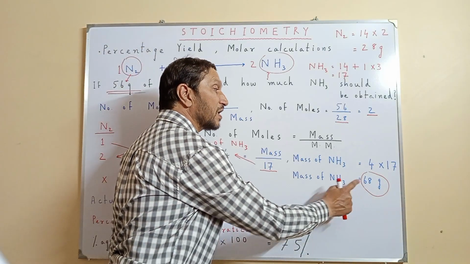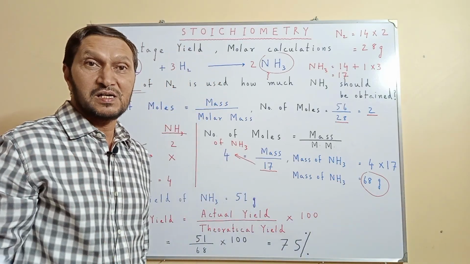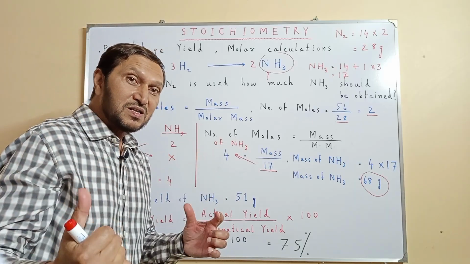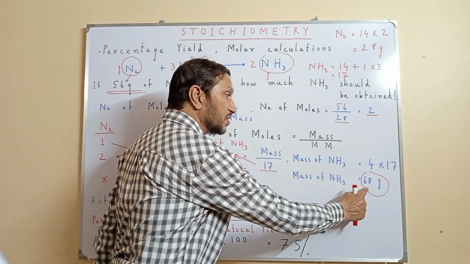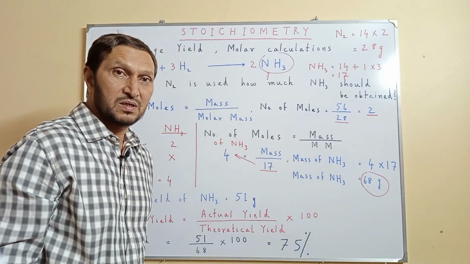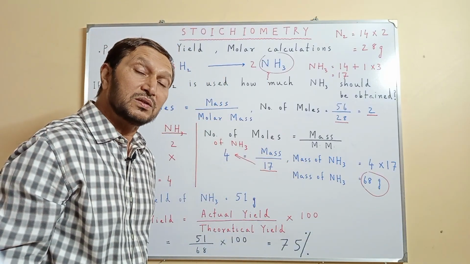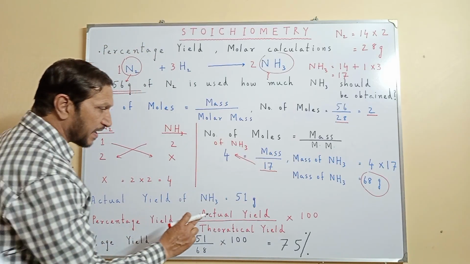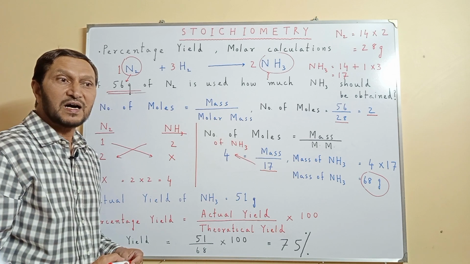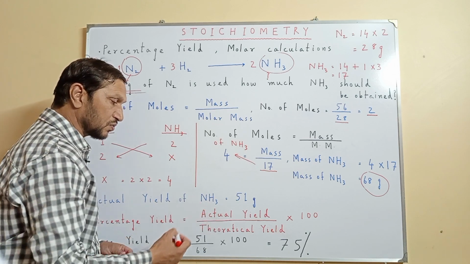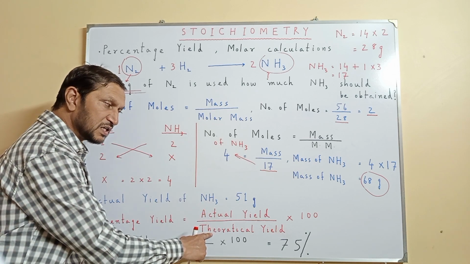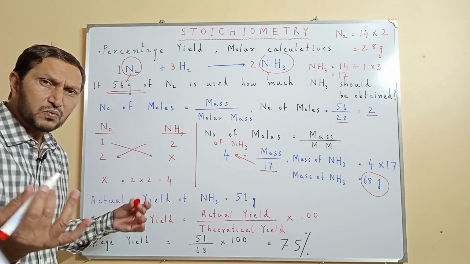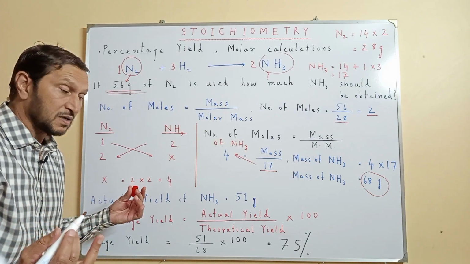This is our theoretical yield, because we calculated this value through our theory. We can call it actual yield or actual value, and we can call it theoretical yield or theoretical value. The words can be changed, but the concept is the same.